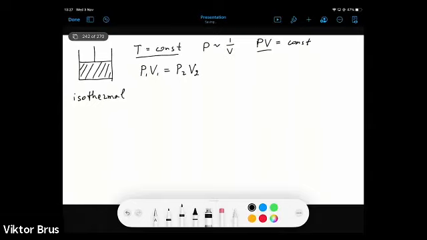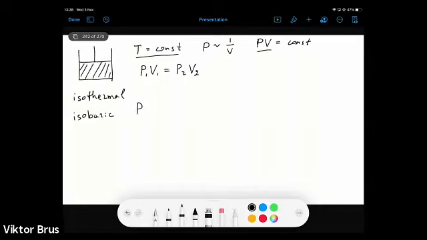By the way, all this discussion about the three processes was obtained experimentally, so it is not derived from anything. These are empirical experimental results and observations. The second process we will consider is a process with constant pressure, the so-called isobaric process.